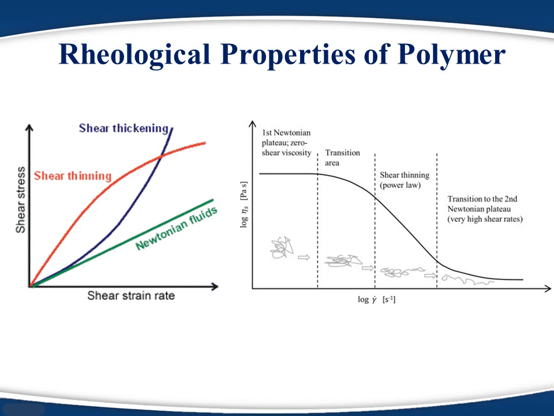Depending upon application, like during polymer processing, shear thinning behavior is preferred as it reduces the amount of energy required to process the material. But in case of paints, shear thickening behavior is preferred so that paints do not drop or flow from the wall.